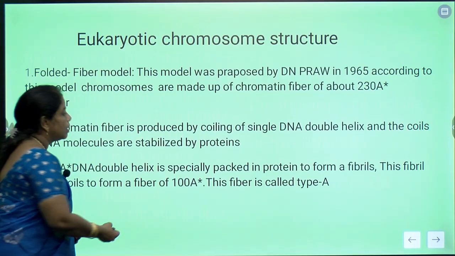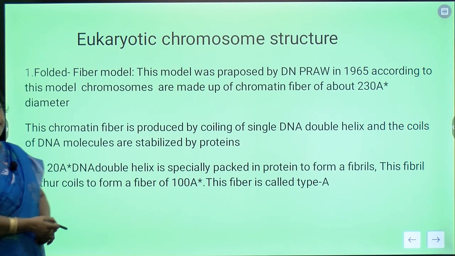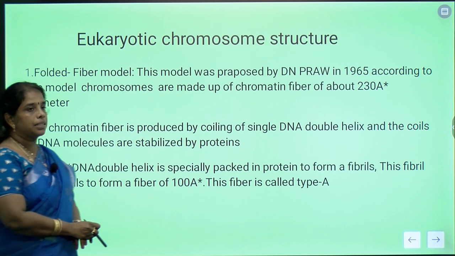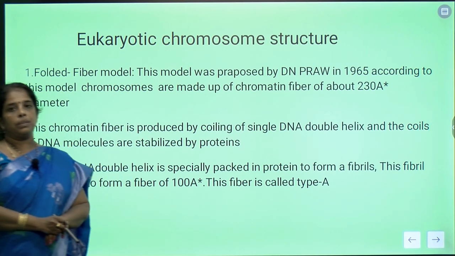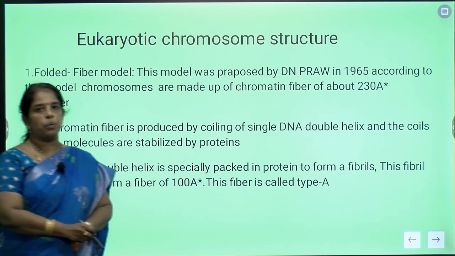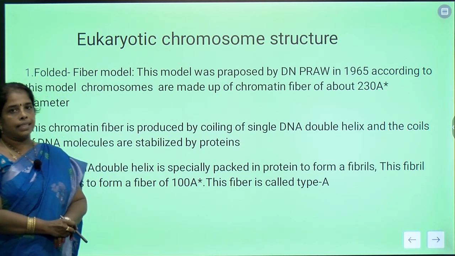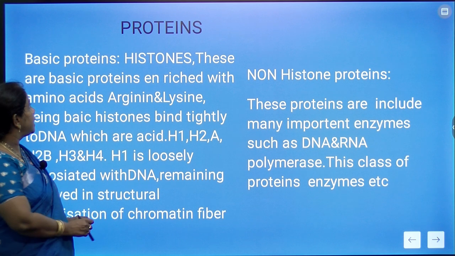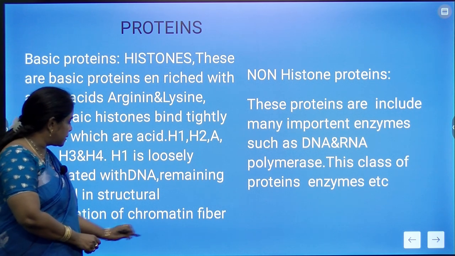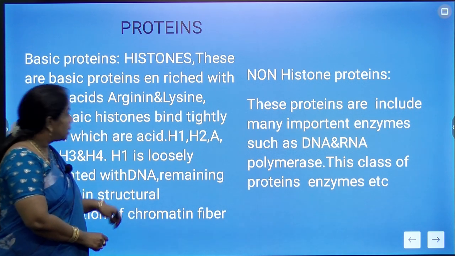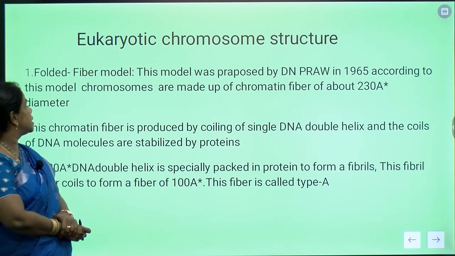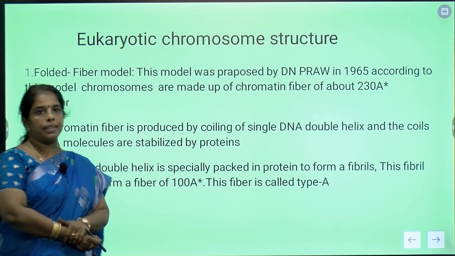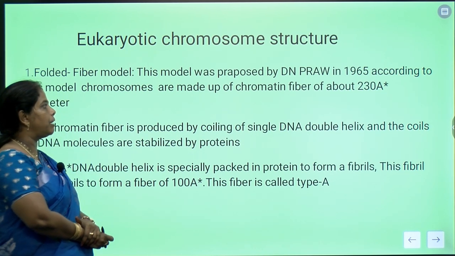Next, eukaryotic chromosome structure. That means how DNA and proteins are arranged in the chromosome. Many theories have been proposed regarding the chromosome structure. One of them is the folded fiber model, proposed by Dupraw in 1965.